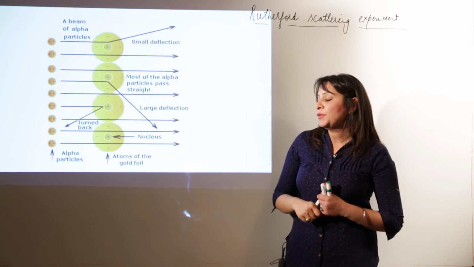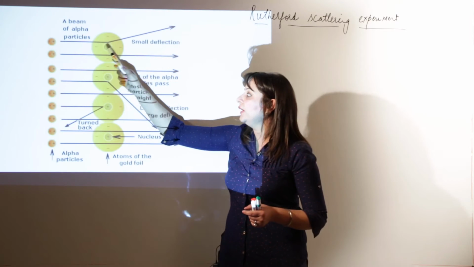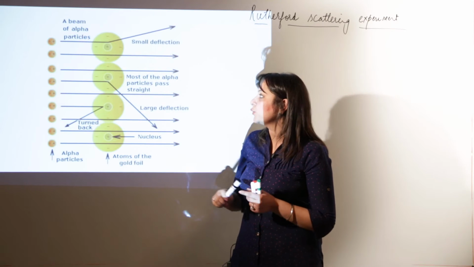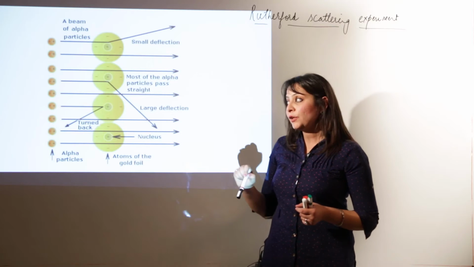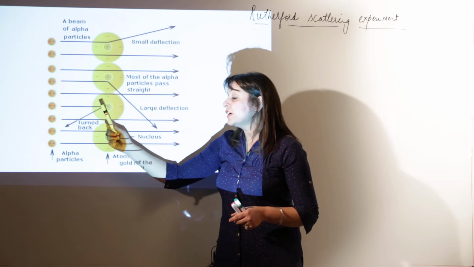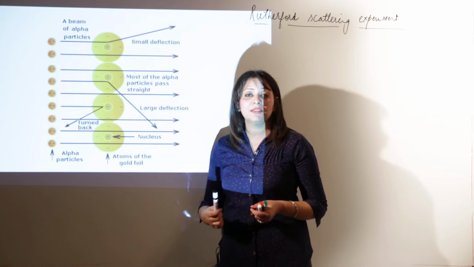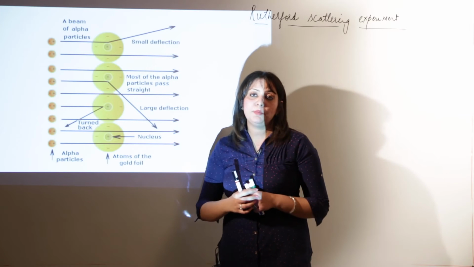The other observation was that few rays suffered small deflection. You have seen this small deflection, and few rays encountered large deflections, and you will be surprised to know that a few rays retrace their path. They turn back, they undergo such a strong deflection that they retrace their path.